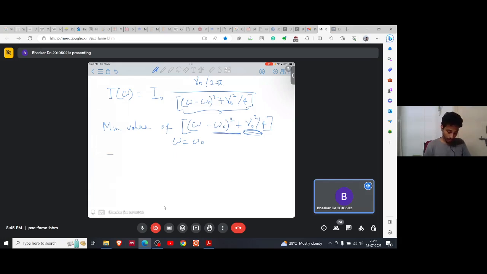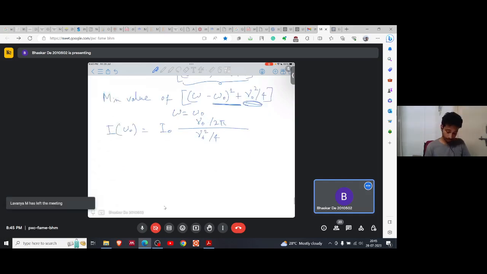Now I of omega naught equals I naught gamma naught by 2 pi, divided by 0 plus gamma naught squared by 4. This will give 2 I naught by pi gamma naught.